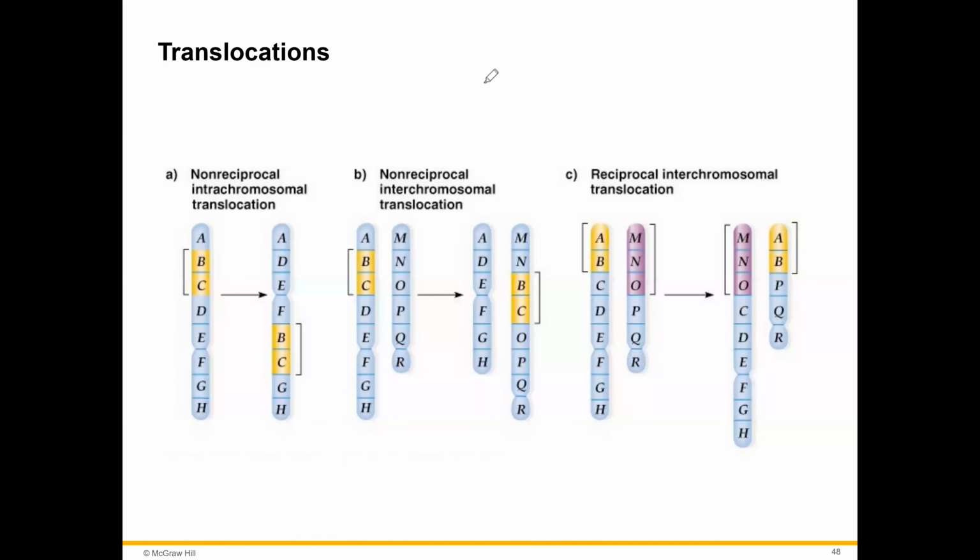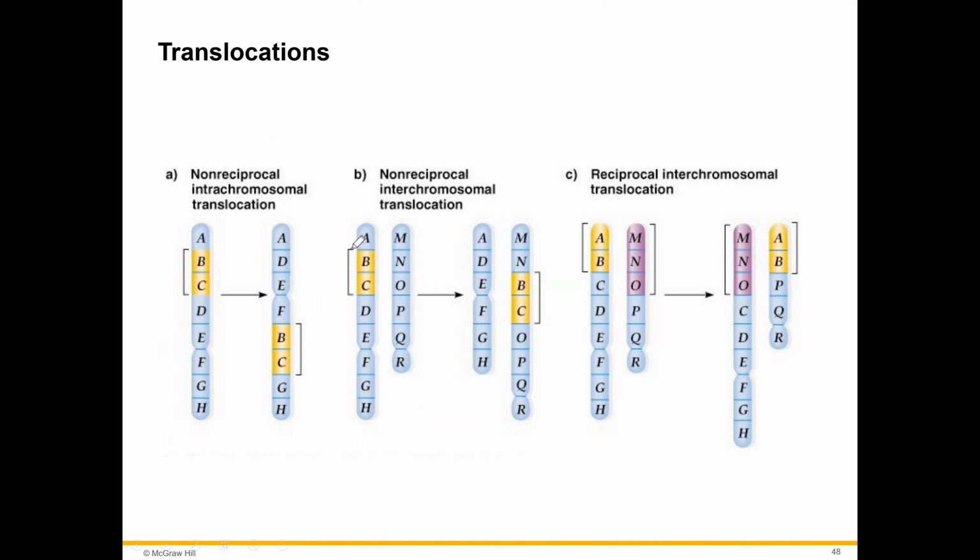Let's just look at B. Here are our chromosomes. We can say this is chromosome 10, and this is chromosome 18. Just give them any number because they're not homologous. Homologous chromosomes look the same and carry the same genes. These are different chromosomes, so they have different genes.